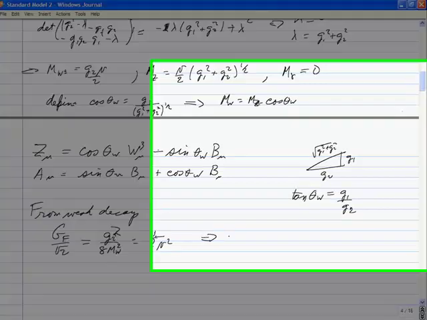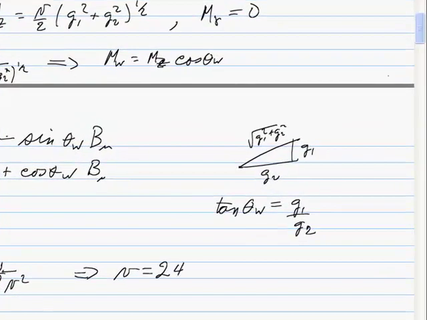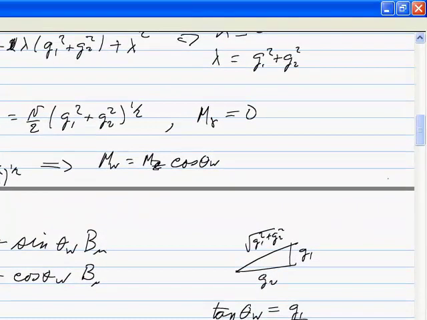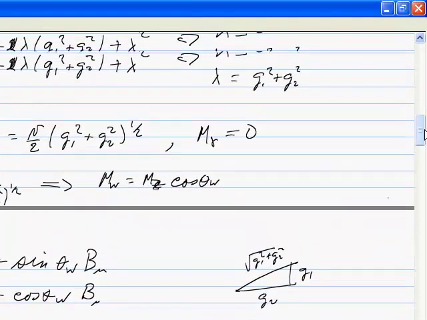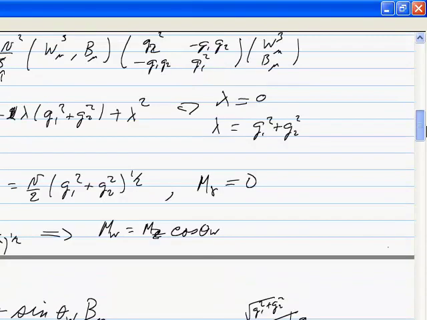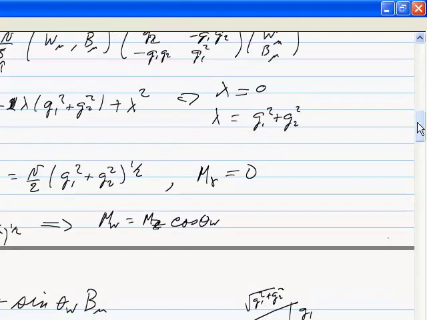This ends up telling us that v is 246 GeV. Okay. So there's the symmetry breaking scheme. Anybody have questions about that part?